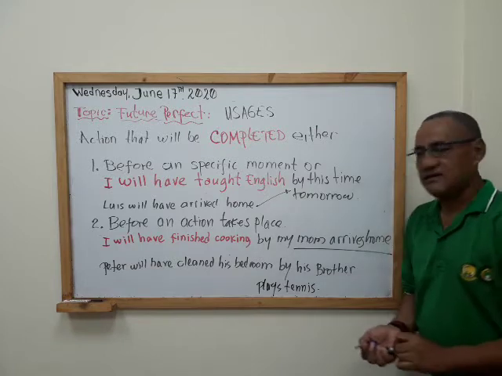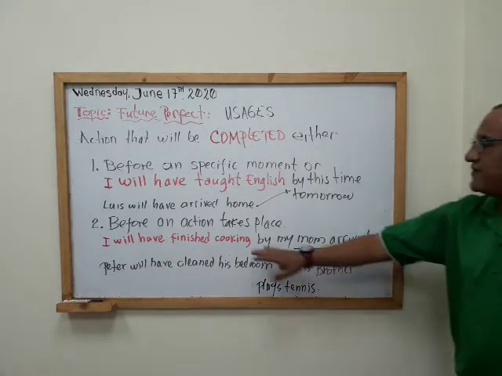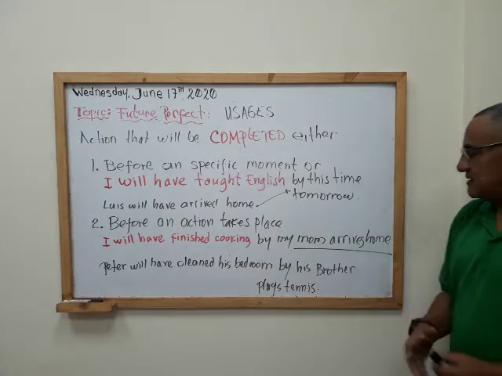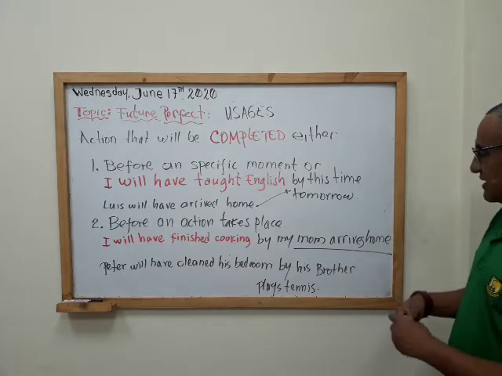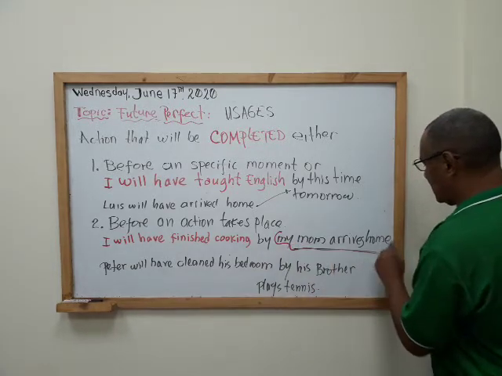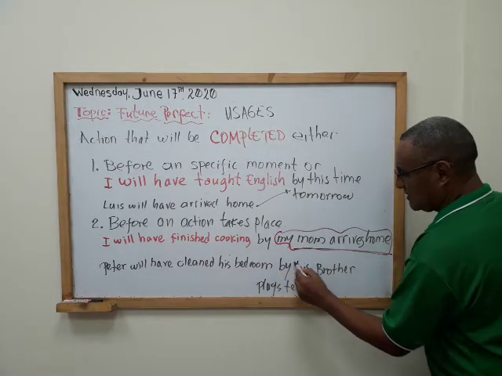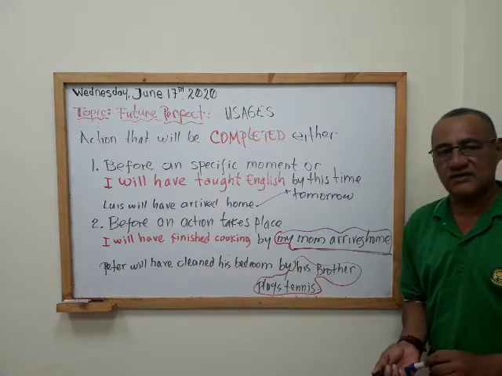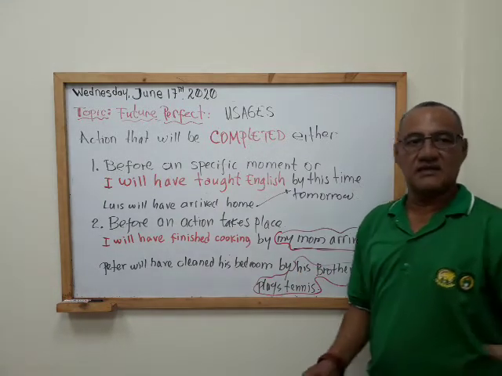Alright? Then, so before an action takes place, then you have to check this. The second action, this action, it will be all the time in simple past. Alright? Just to accomplish this.